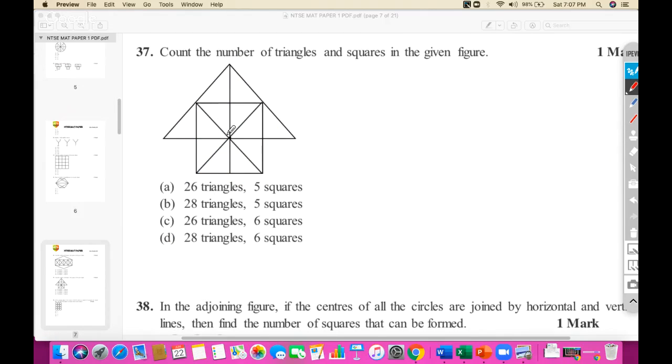Four simple ones are here, 1, 2, 3, 4, and one square is here, the one I have been searching for. This is one square. So you know that this is 1, 2, 3, 4, and so 4 here. This complete one is 1, and this one is the sixth square. So 28 and 6. This is the answer. So D is the answer.